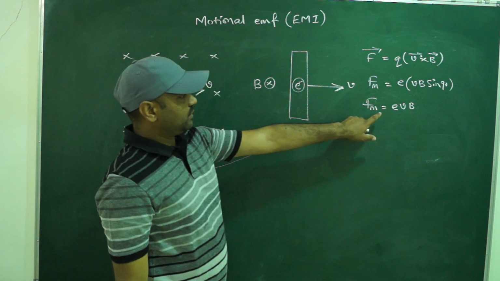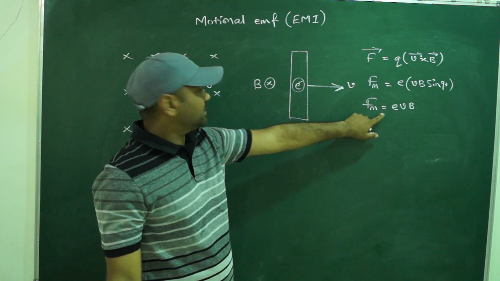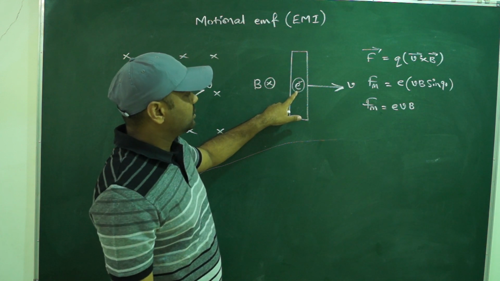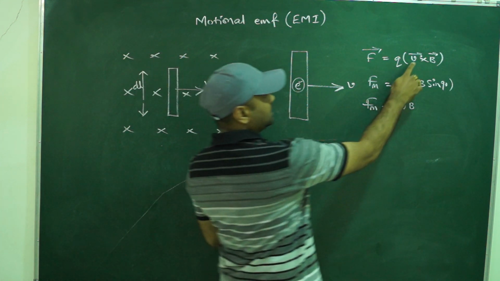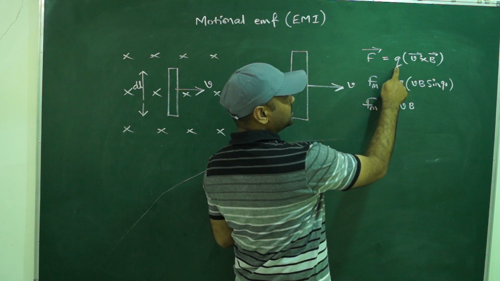Now, what is the direction? The magnetic force is in the direction of v bar cross B bar if the charge is positive.